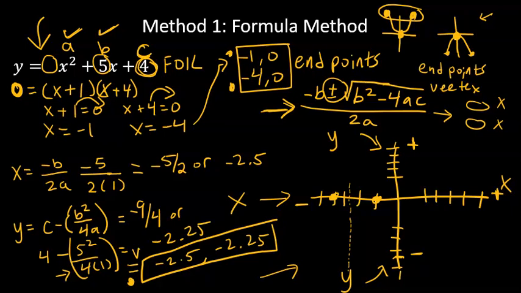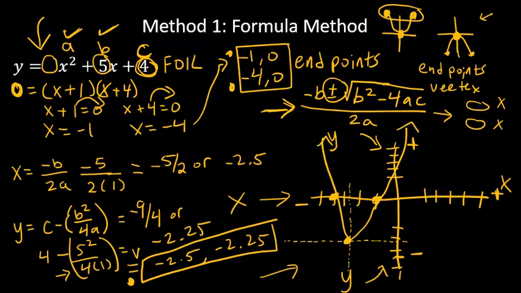And then y is negative 2.25. Let's go here. Perfect. So it goes right here. Those are my three dots. Now I can go ahead and connect them. There we go. That's how you do it.